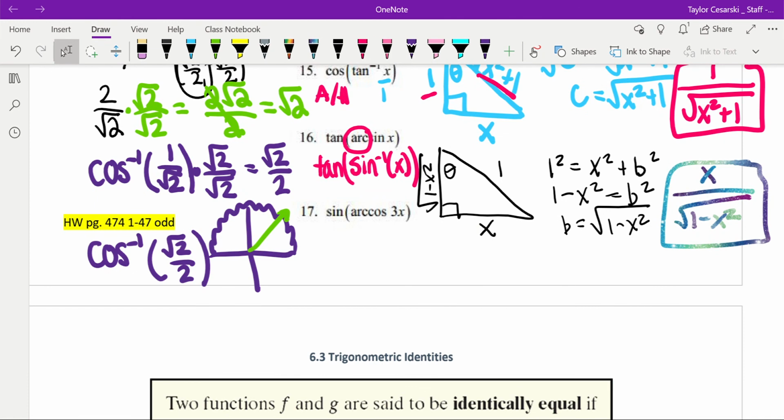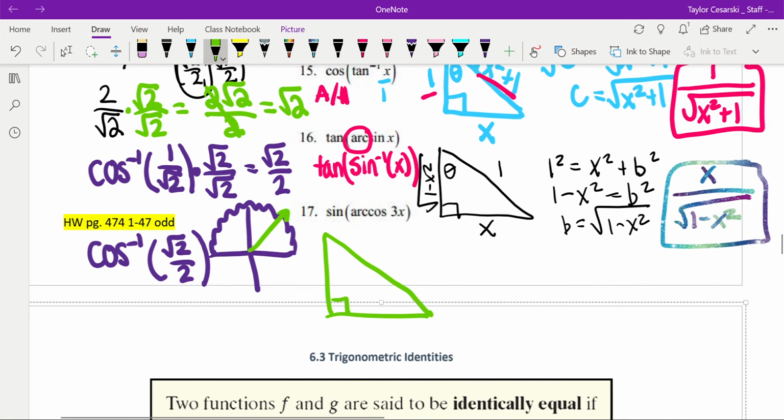And last one. I'm going to draw my right triangle. Here I have cosine inverse of 3x. First I'm going to draw in my theta, and then I have adjacent over hypotenuse, 3x over 1.